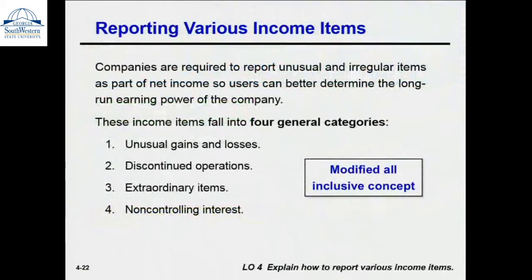Various income items is what we're going to talk about. That's what they call them. So there's 4 little categories of various income items, and remember I told you to maybe take a look at those before class so that you would have a preview of them.